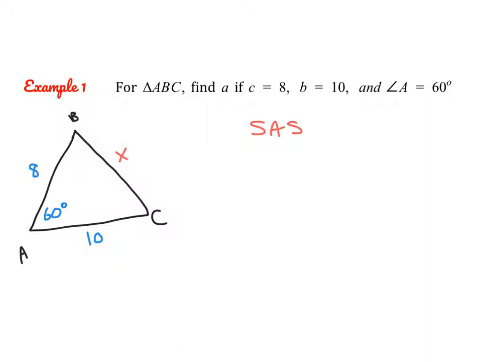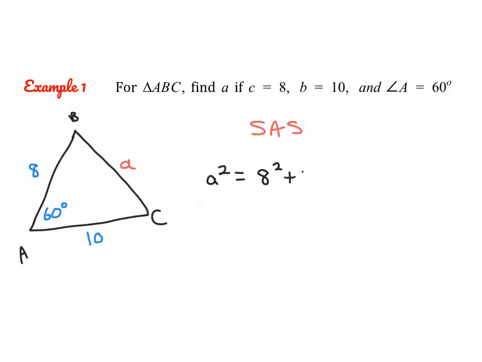So we are finding essentially A squared. How about instead of calling it X, let's actually call it A. Let's say A squared equals, so remember you take the other two sides and square them and add them up.